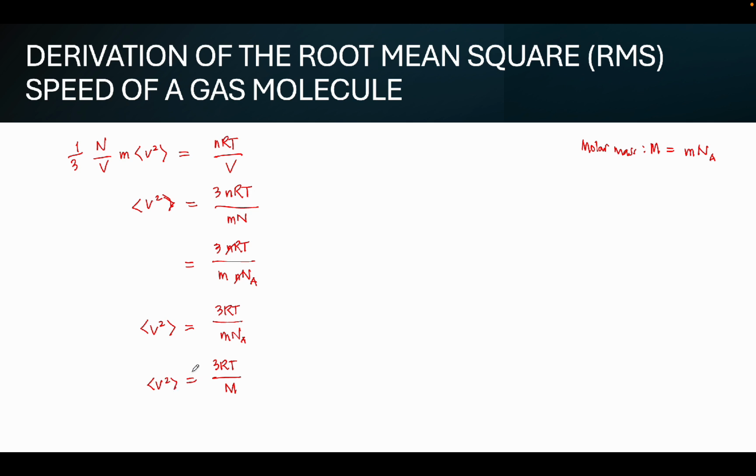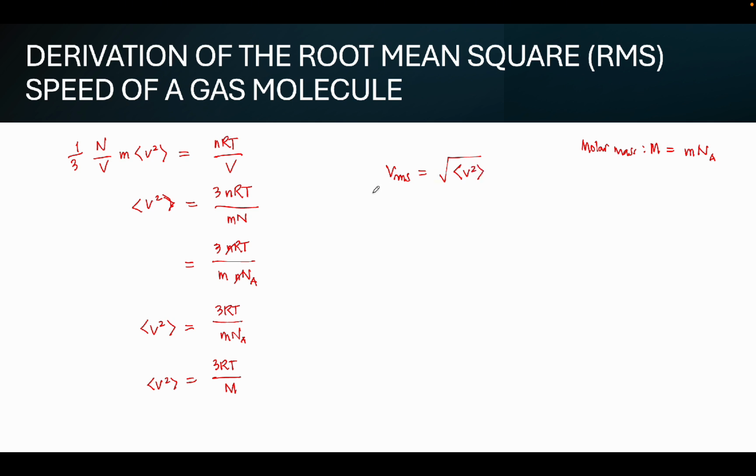Okay, so the next step is to define the root mean square speed. The root mean square speed, or v_rms, is equal to the square root of the mean square speed.